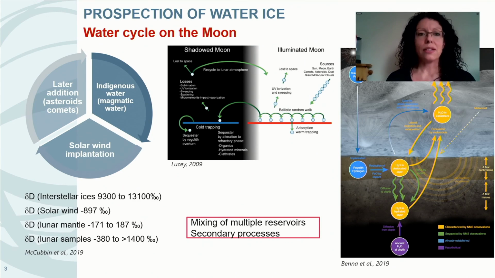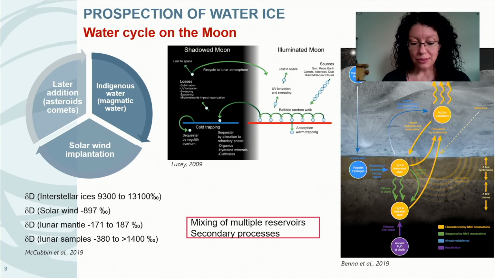So a better understanding of water ice sublimation will allow us to better estimate the stability of the water ice deposits. At the same time, this sublimation will create isotope fractionation. That means that it will change the isotopic signature of the remaining ice that is going to be measured.